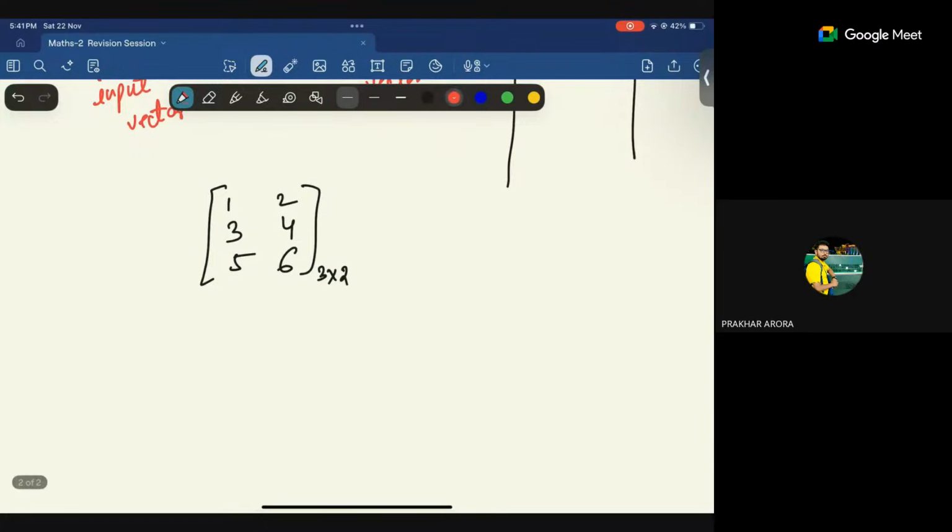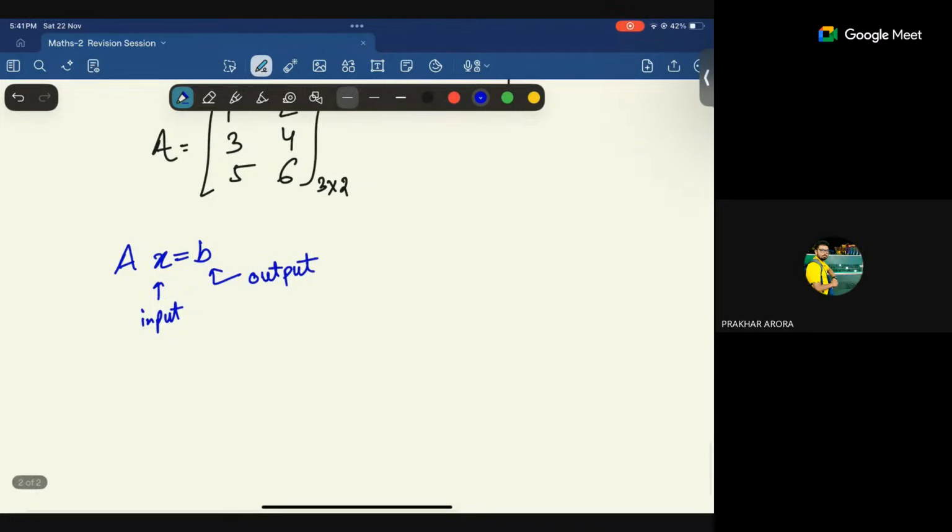Now start from here. We know that this is Ax equals b, and we know that x is input and b is output. Write the matrix here. What is the order of the matrix? This is 3 into 2.